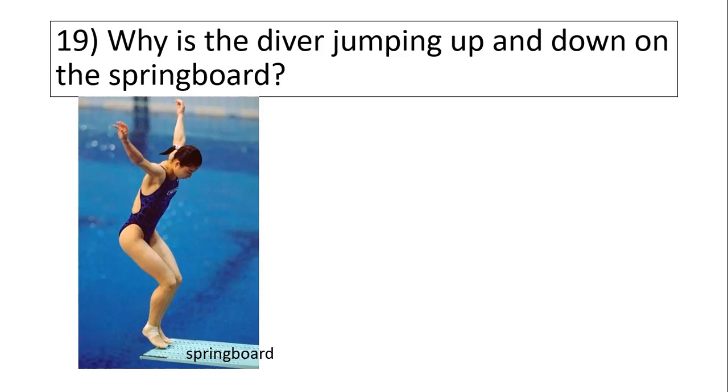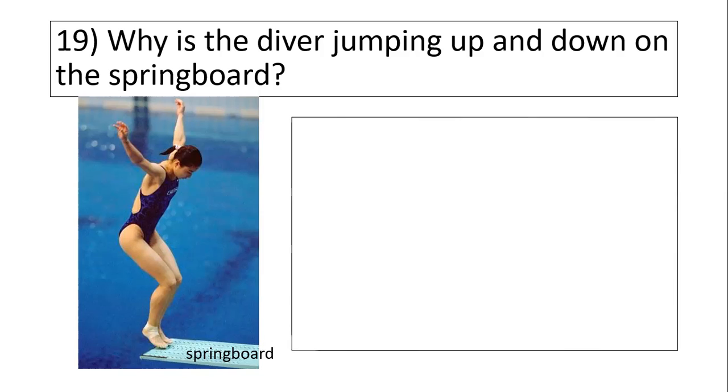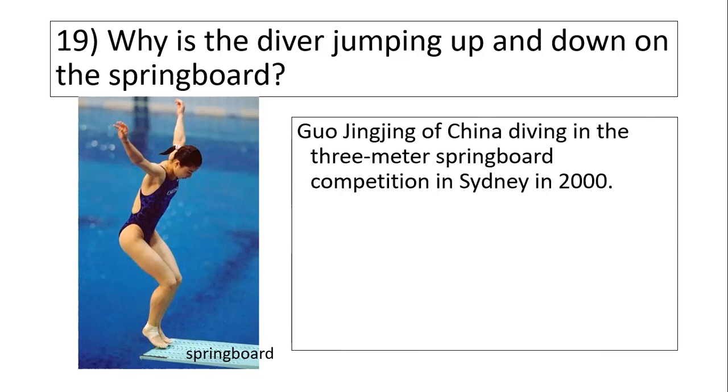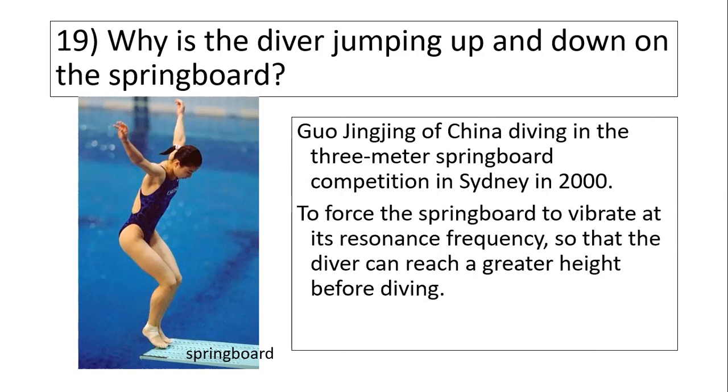So the springboard will push her to a higher height, and she could do more somersaults before she reaches the pool below. This lady is Gu Lingjin of China, diving in a 3-meter springboard competition in Sydney in 2000, forcing the springboard to vibrate at its natural frequency so the diver can reach a greater height before diving.